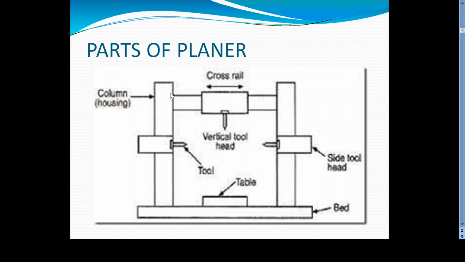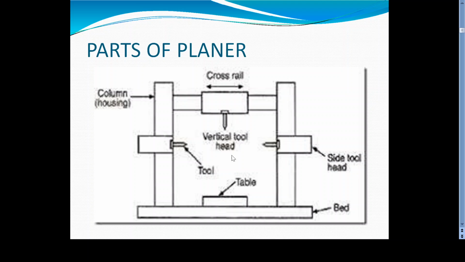So this is the schematic representation of a planer machine, and it is a type of planer machine. It has double housing. This is the housing, one here and the other on the other side, and a cross rail is connected to these two housings, and on the cross rail we can see the tool head with the vertical tool feed.